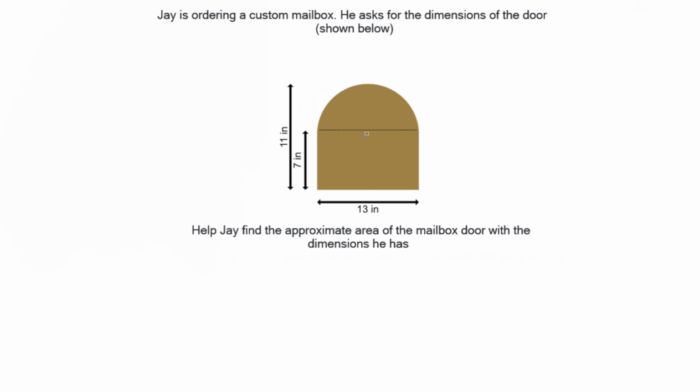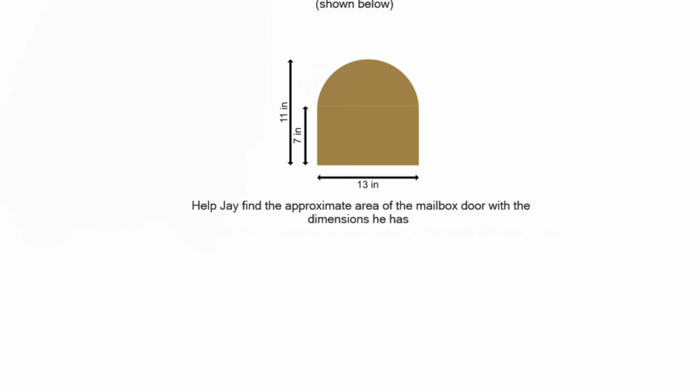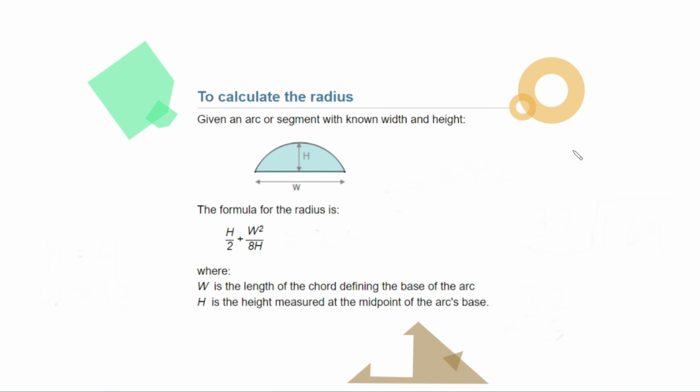Okay, so basically, what we'll have to do is find the area of both these shapes that are separated by the line, and then we'll add them together, which will give us the combined area. We also have this little card down here that I made, which is to calculate the radius if we have an arc or segment with known width and height.